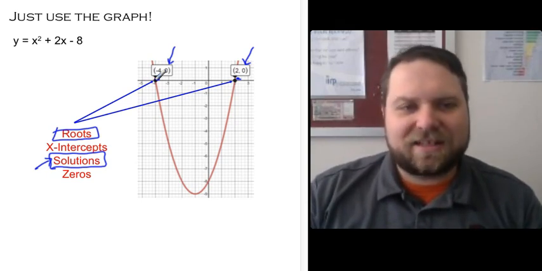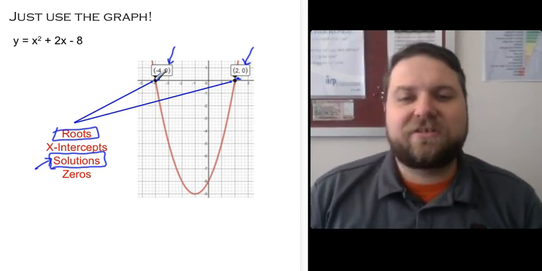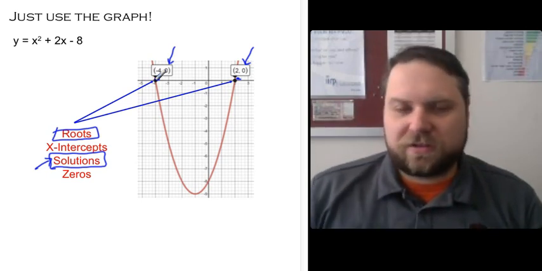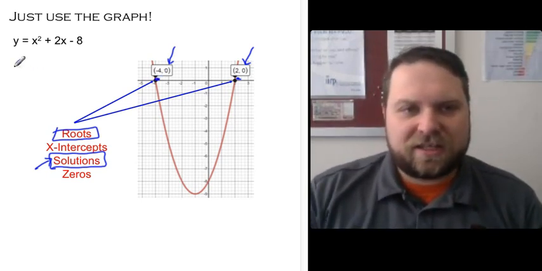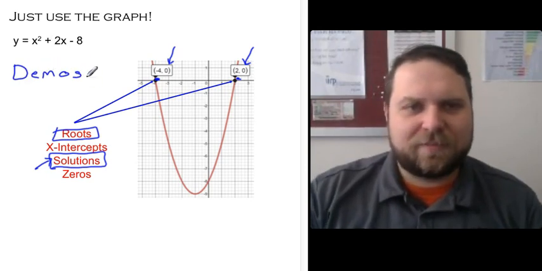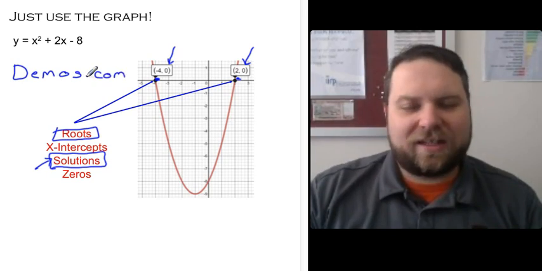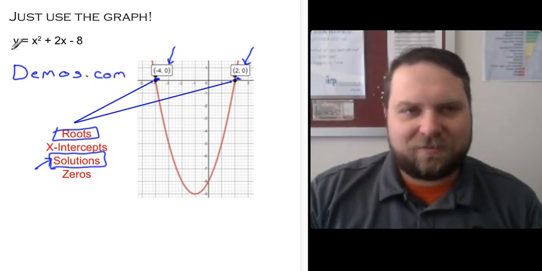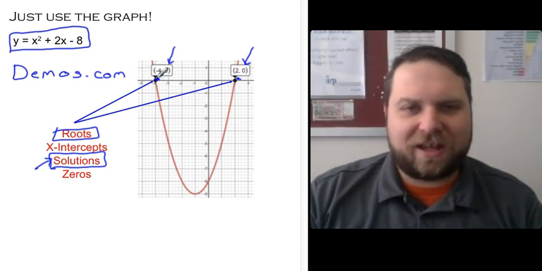Now, one thing that's not necessarily in my slide presentation here, but I want to throw out to you, is the fact that you have a very powerful tool at your disposal to do this. If you go on the internet to the Desmos website, D-E-S-M-O-S, so desmos.com, what you'll find is a graphing calculator where you can type in any equation that you want to, and it will graph it, and it will have very nice tools for navigating around that graph and finding those x-intercepts.